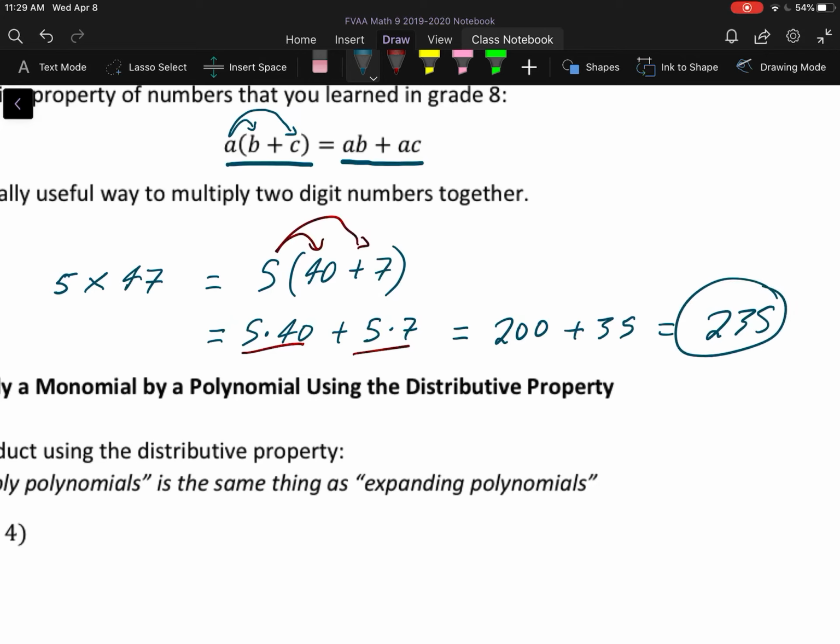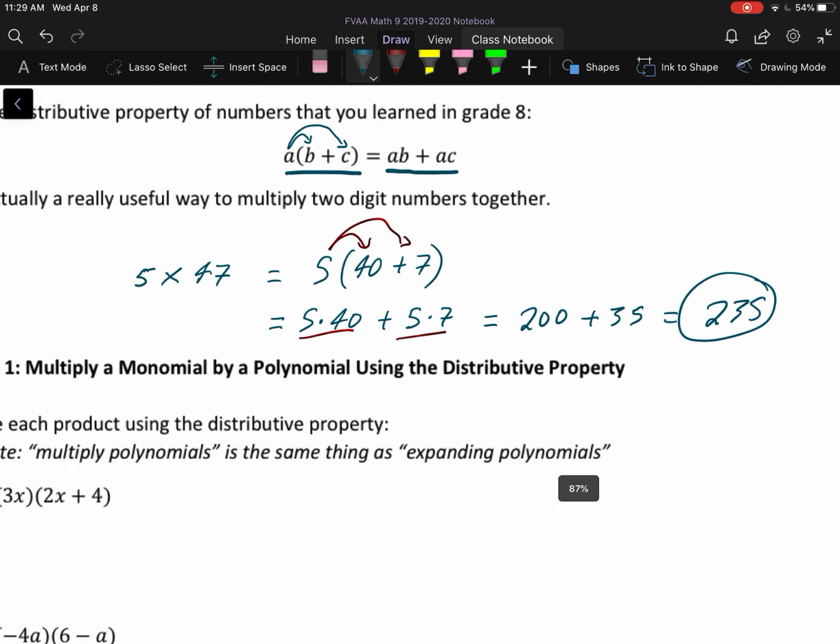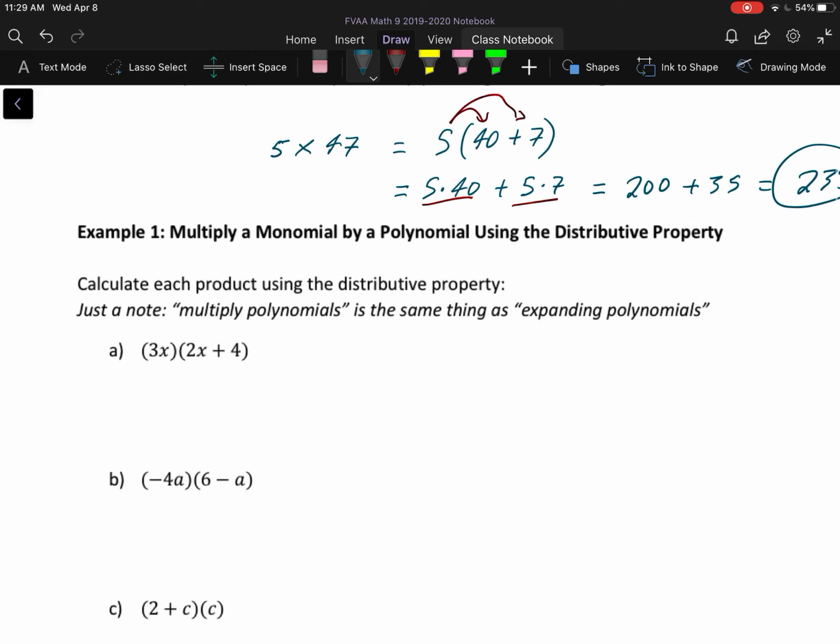So it's a helpful way to multiply regular numbers without variables, but also can be utilized with variables as well.